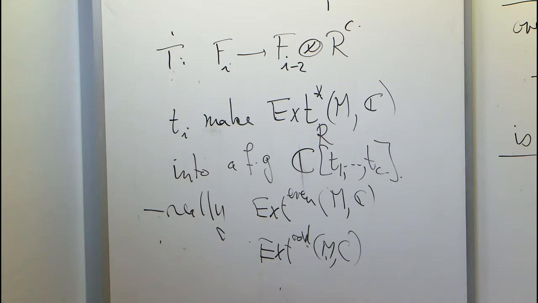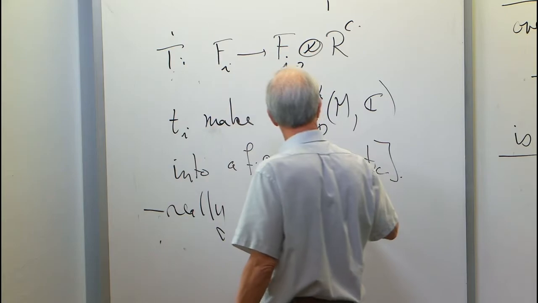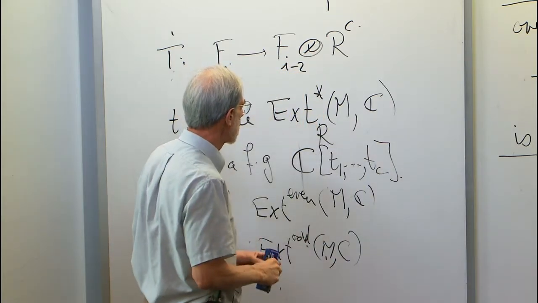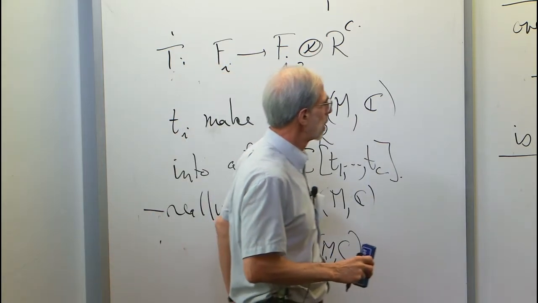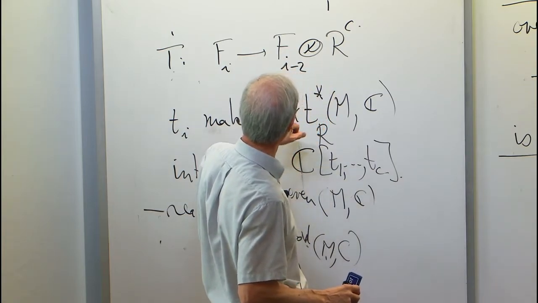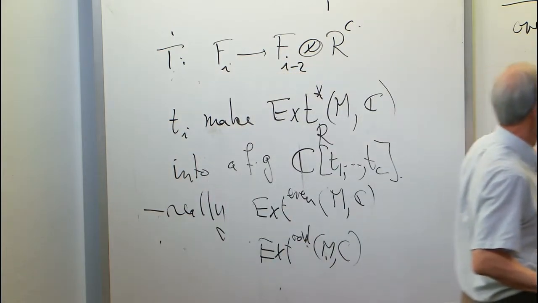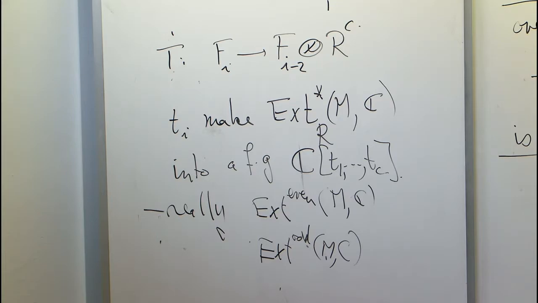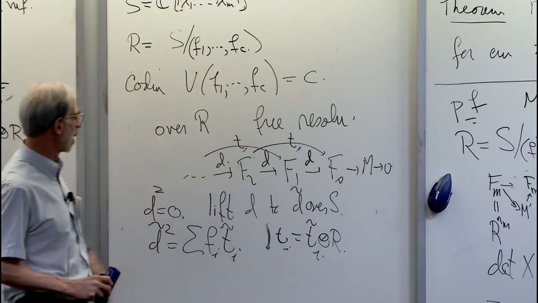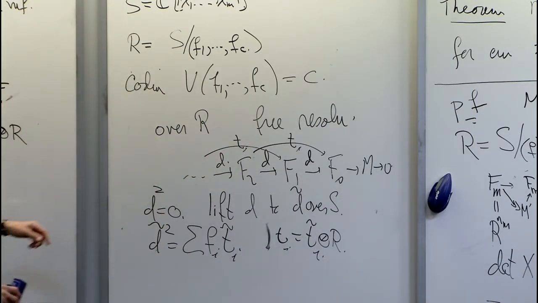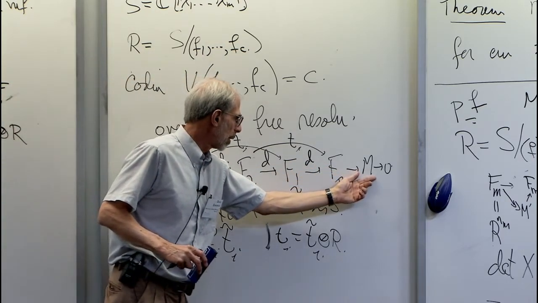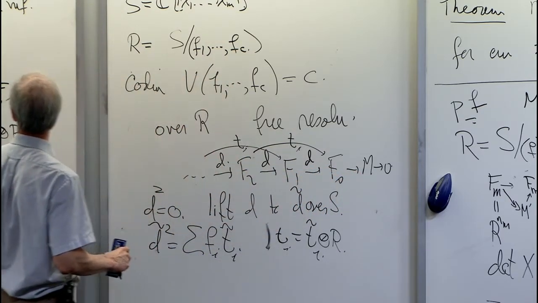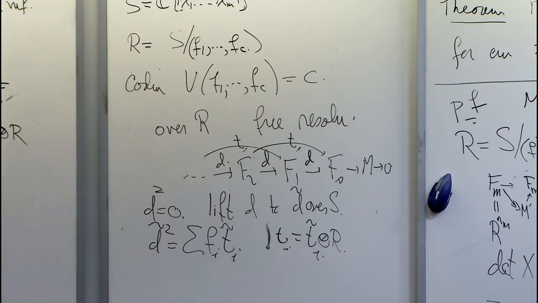What these operators Ti do is to allow one to construct non-minimal resolutions. So if you understand this process a little more, there's a way of constructing non-minimal resolutions of a module, at least for a module of the right projective dimension.